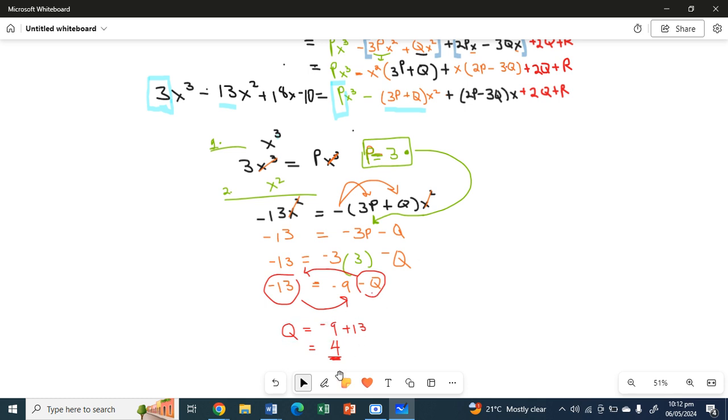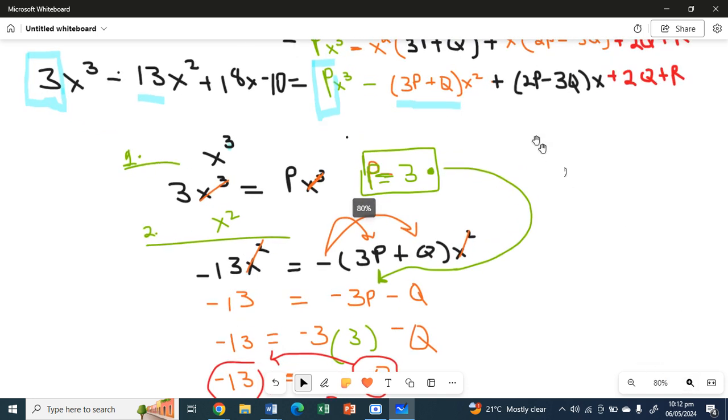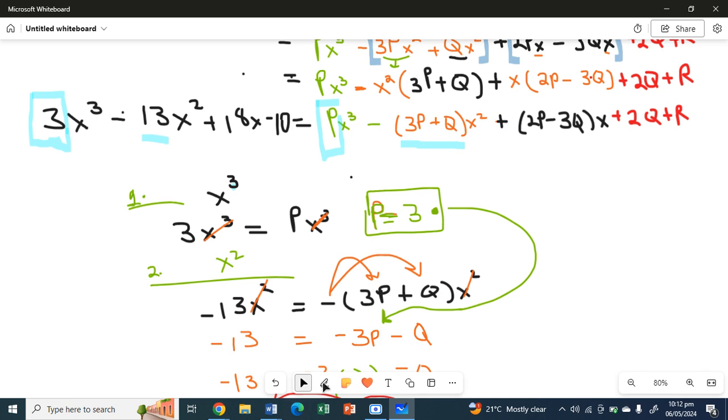Okay, so we found the values of p and q. What's remaining is we need to find the value of r. If we equate the coefficients of x, they are 18 and 2p minus 3q. We've already got the values of p and q, so it's not necessary to solve for them again.